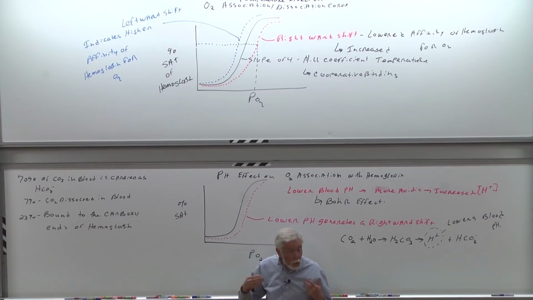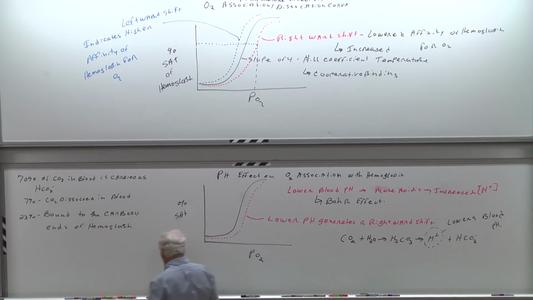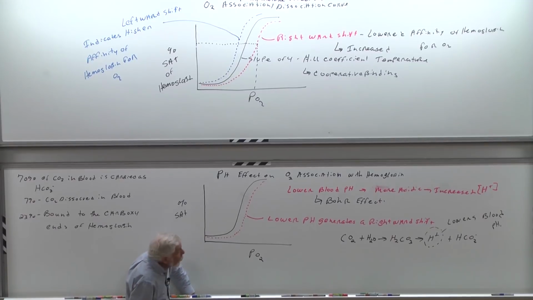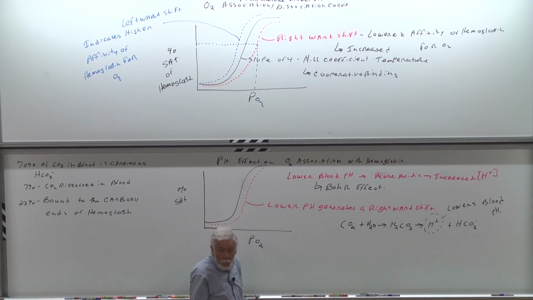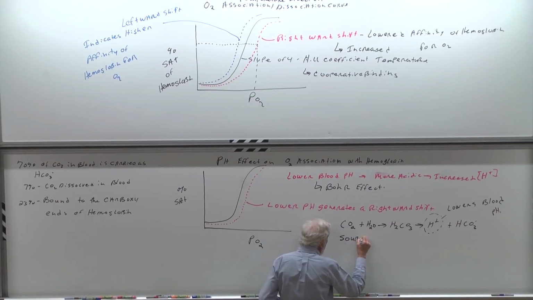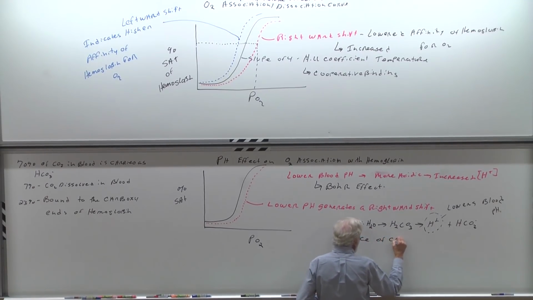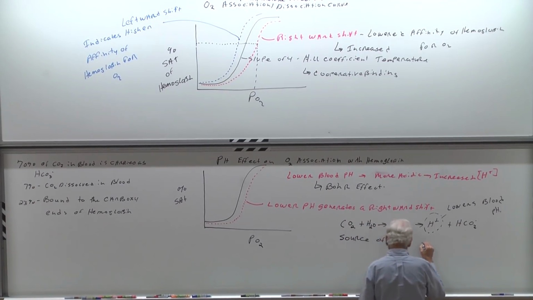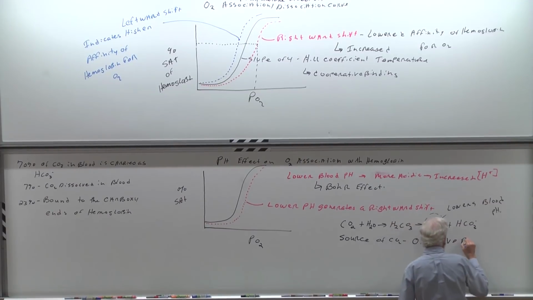Well, let's think about this intuitively. Where does carbon dioxide come from? Well, the source of CO2 is oxidative phosphorylation.